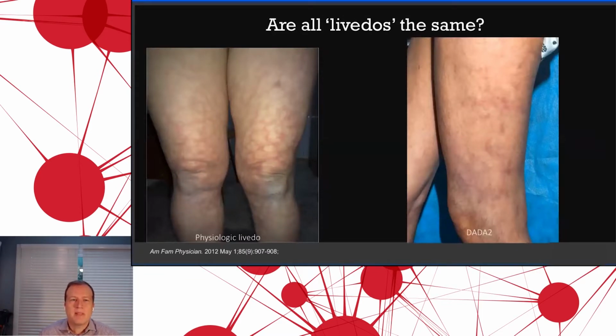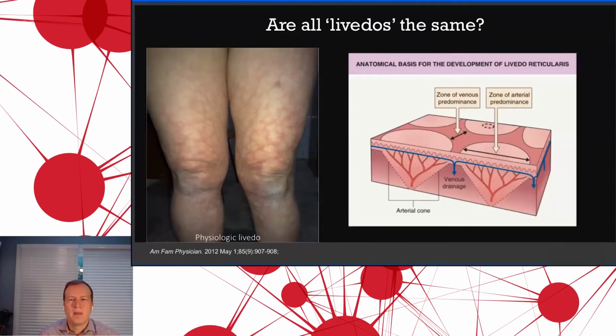So the reason I bring this up is because I want to raise the possibility that maybe all of these livedos are not the same. So the vast majority of patients that I've seen with deficiency of ADA2 do not have a nice net-like pattern of livedo that resembles physiologic livedo. And in fact, it's sort of these irregular branches, sort of a broken pattern to their erythema. We think that the distinct pattern of livedo reticularis is directly related to the anatomical vascular distribution in the skin.